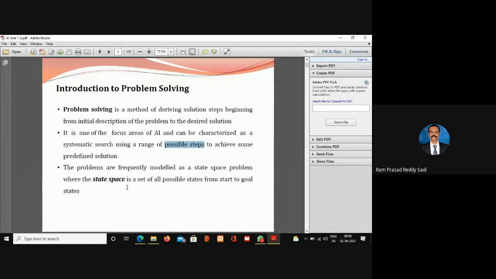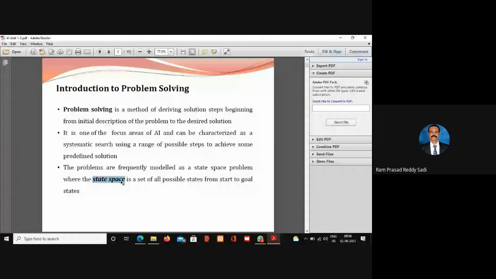The problems are frequently modeled as state space problems. Why are we calling it a state space? There will be several possibilities in a particular method, and that total set of possible states, we normally call the state space.